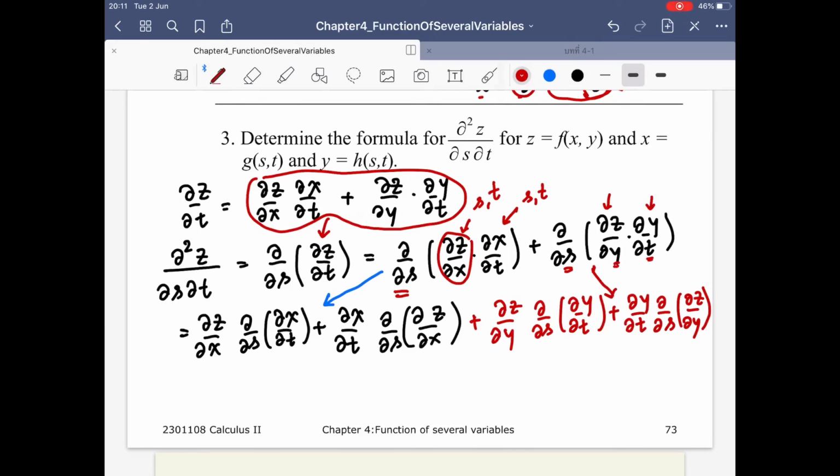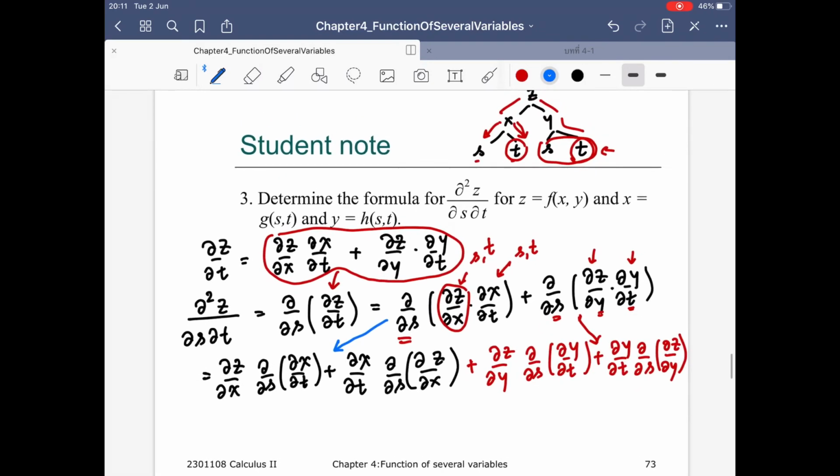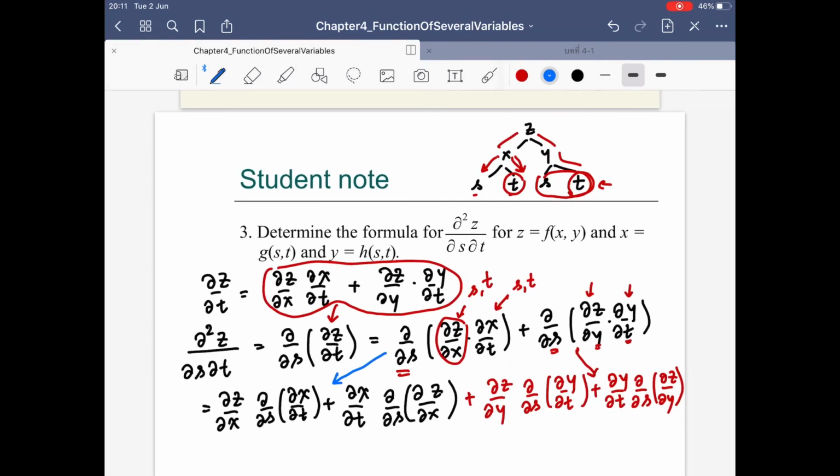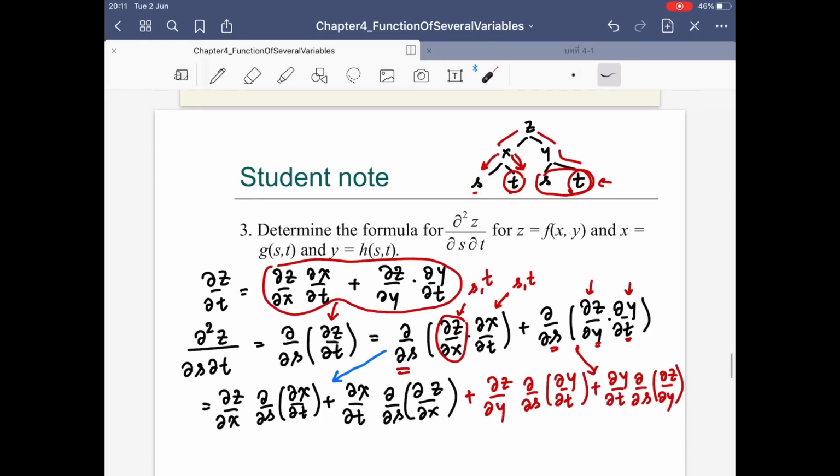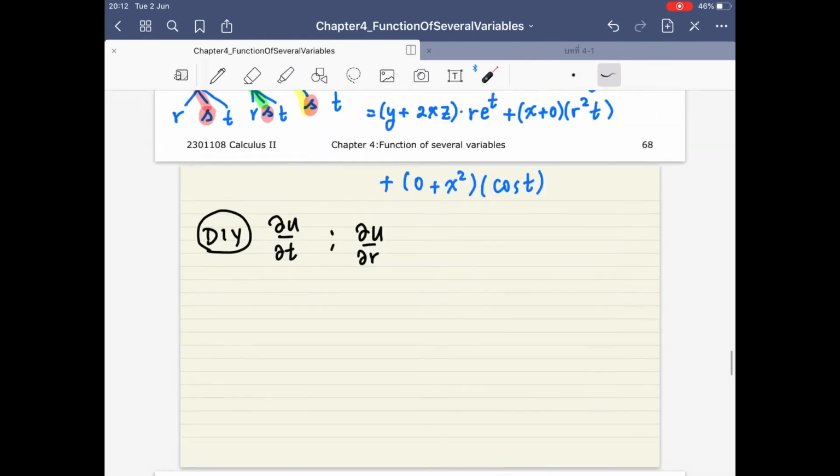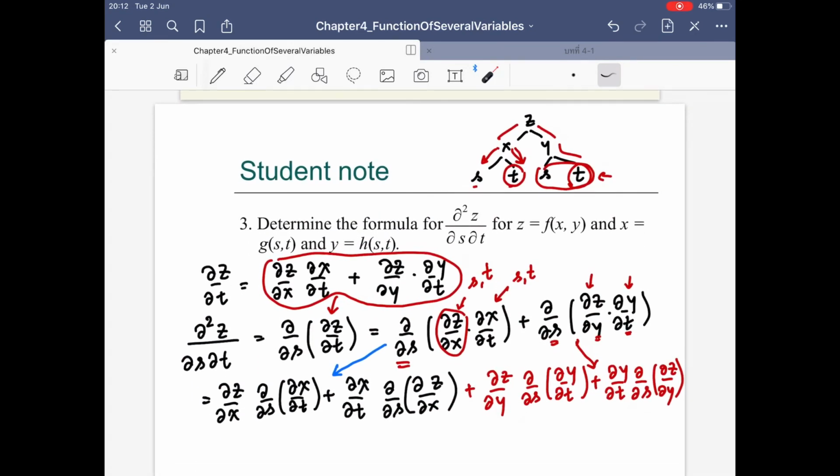All right, so let's look at it carefully. Your s and your t are at the same level of variable. You see here your z is up there, and your x and your y are right here, the second level, and your s and your t are right there as the third level.